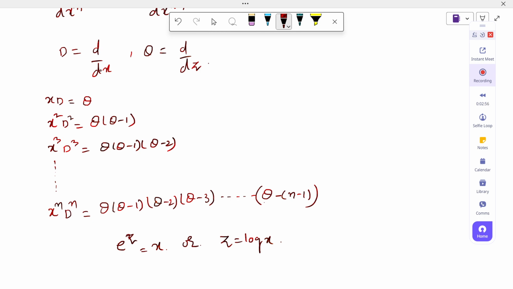With the help of this substitution, x into d we can write as theta, x square into d square we can write as theta of theta minus 1, and so on. If you have x to the power of n into d to the power of n, that term you write as theta of theta minus 1, theta minus 2, and so on, up to theta minus n minus 1, where x we can replace with e power z, or if log x is there we can replace it with z. Now let's get on to the problem.